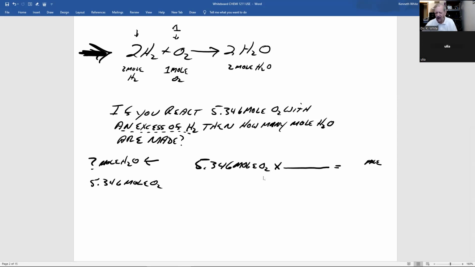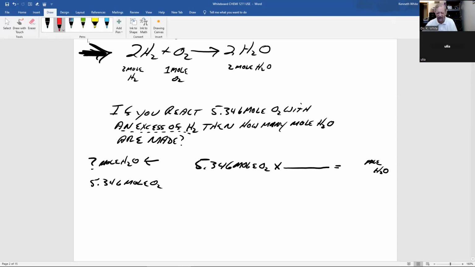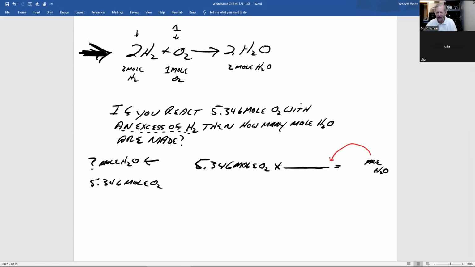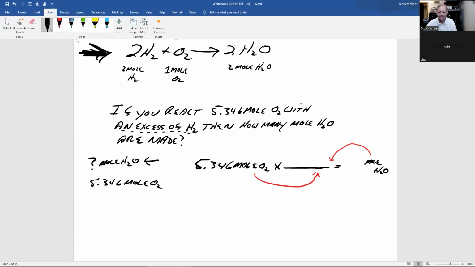Moles of water. And now we'll use our good friend, unit analysis. Whatever I'm trying to get to goes on top of the ratio. Whatever I'm trying to get rid of goes underneath. And now I can put that in.